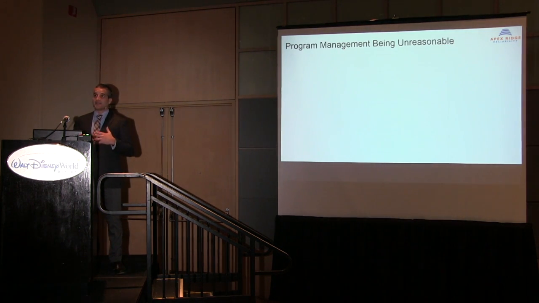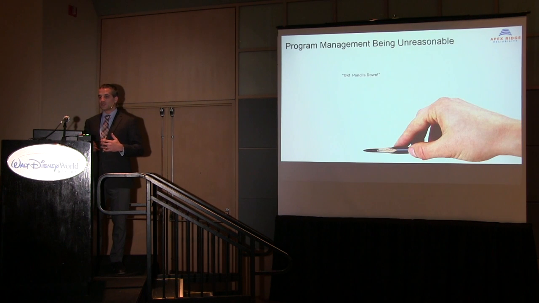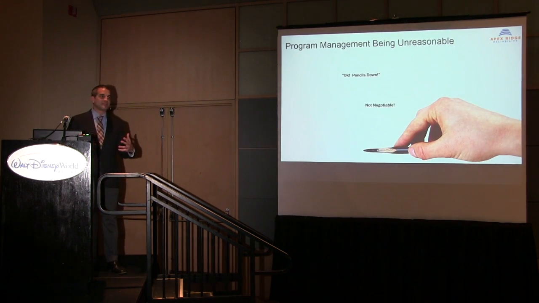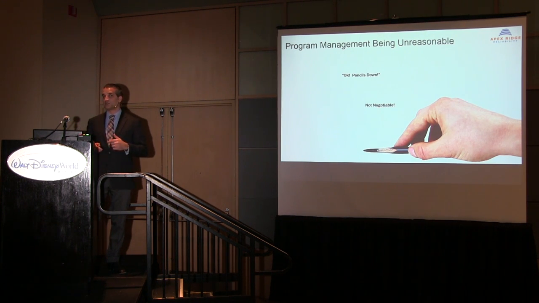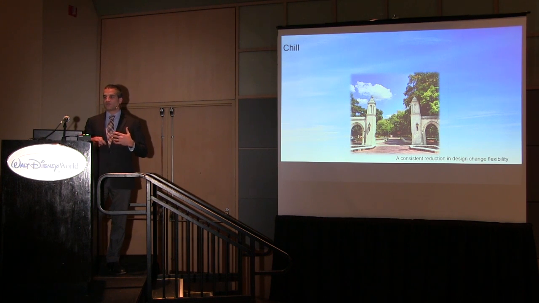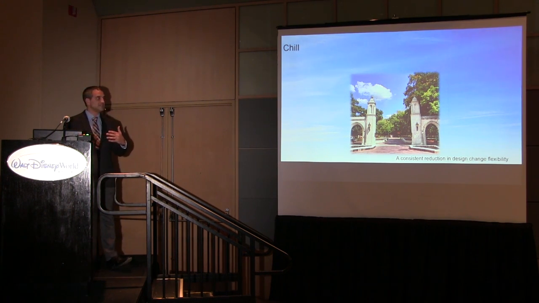And then on the project management side, there's always this kind of pencils down, the test is over, very authoritative, it's not negotiable. And taking those two stances is not allowing anybody to really find out what the real balance is between them. So the first thing is to acknowledge that what really exists is a chill phase.